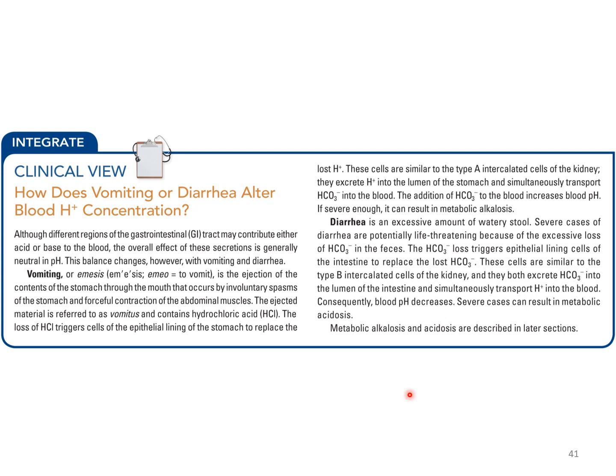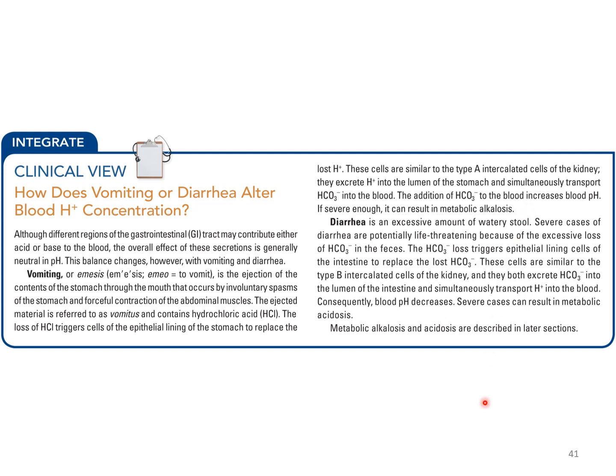So we start pumping hydrogen in, right? But if hydrogen's going into the stomach, what's coming out? What's got to be going the other way? It's got to be that bicarbonate. So you get a lot of bicarbonate being added to the blood, and the addition of that bicarbonate, as it says here, increases the blood pH. Okay? If it's severe enough, it can result in something called metabolic alkalosis that we'll talk about shortly.